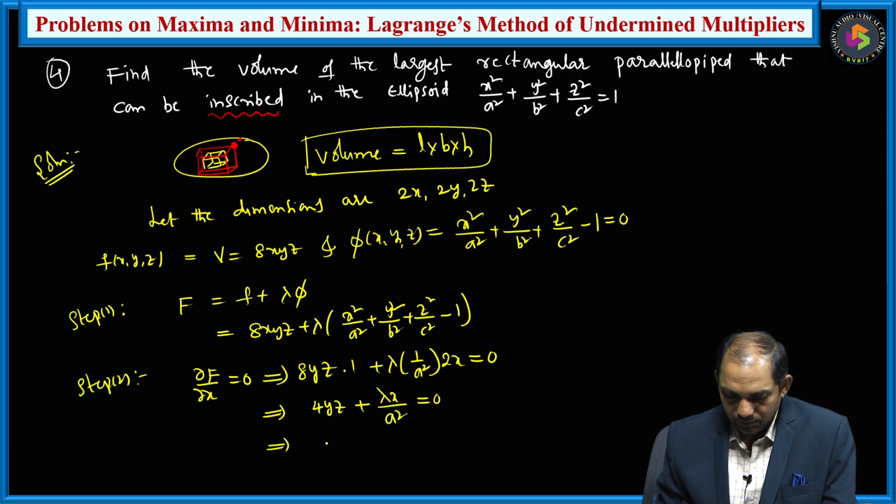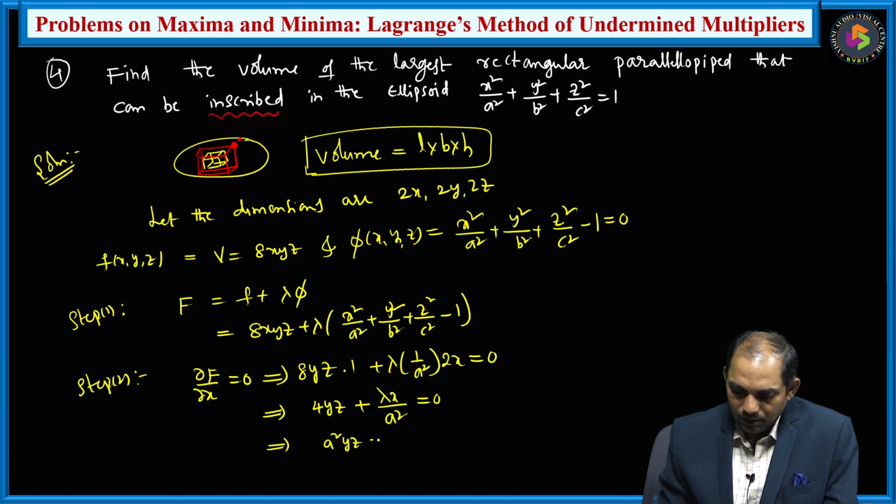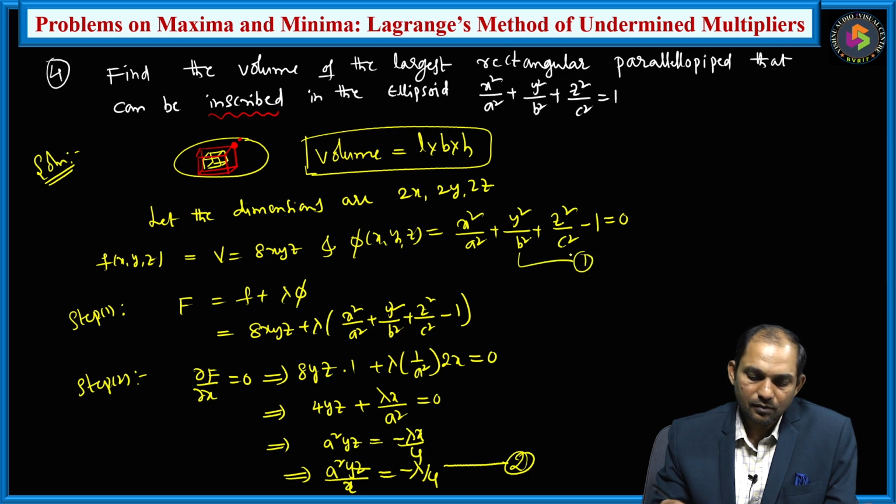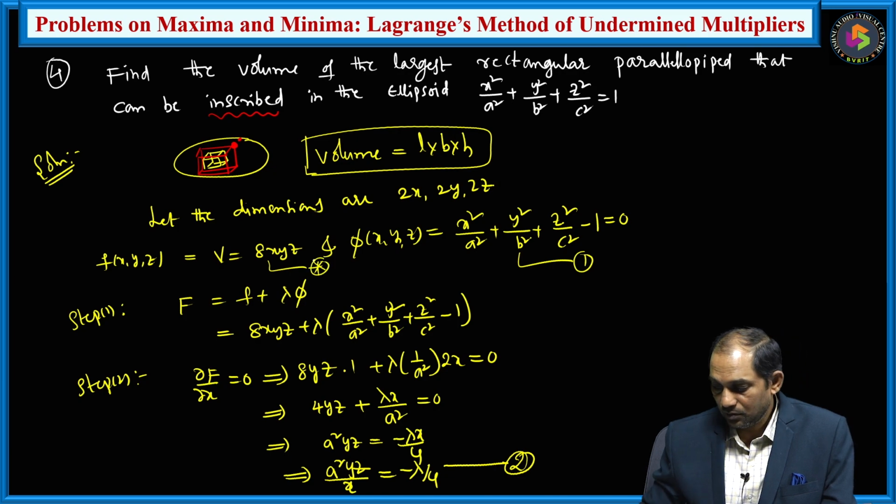So from this, a square yz equal to minus lambda x by 4. It implies a square yz by x equal to minus lambda by 4. This is one of the equations we have obtained, and this we label as equation 2, and the condition as equation 1 and the main function F as star for future use.